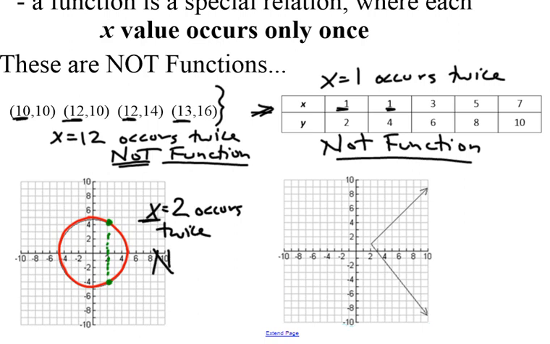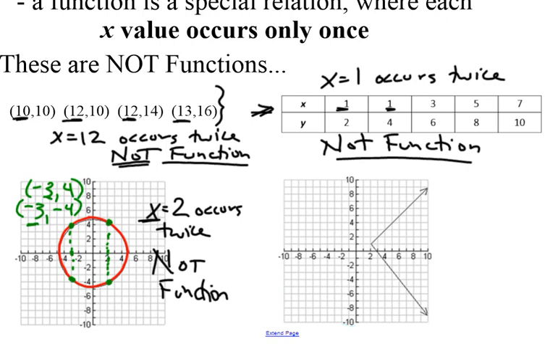So as soon as an x occurs more than once, it's not a function. And in this case, we actually have at x equal to negative 3, we could think of it as an ordered pair. At negative 3, we get 4, and at negative 3, we also get about a negative 4. So negative 3 happens twice. It's not a function.